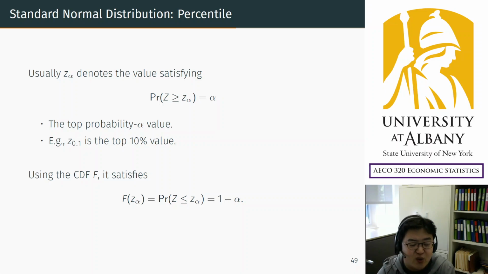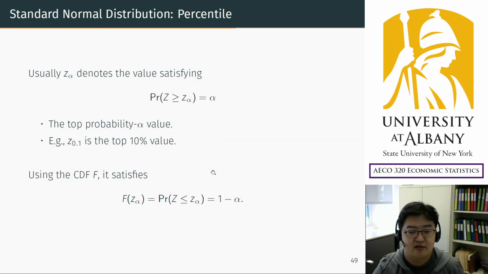So you have to follow the notation. So the top 10% value is written as z subscript 0.1. But when you convert that to the CDF, you have to have 1 minus alpha. This is the tricky part. The subscript is alpha, but the CDF cumulative probability is 1 minus alpha, right?